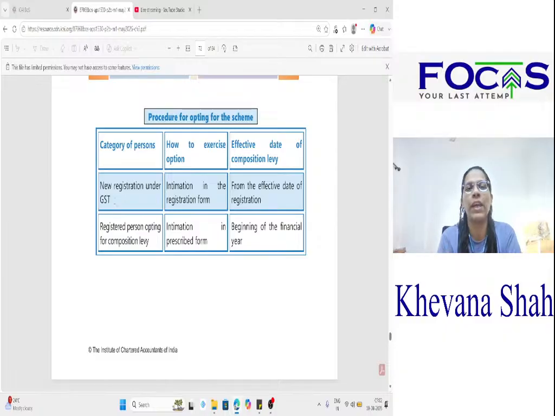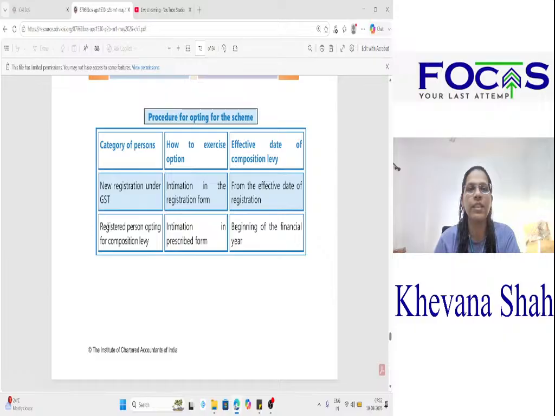If you are applying for new registration under GST and you are opting for the composition scheme, then you should intimate the department in the registration form. Okay, and what is the effective date for composition levy? It is the effective date of registration. So whatever is the date of your registration, the same date will be applicable for levying composition levy also.